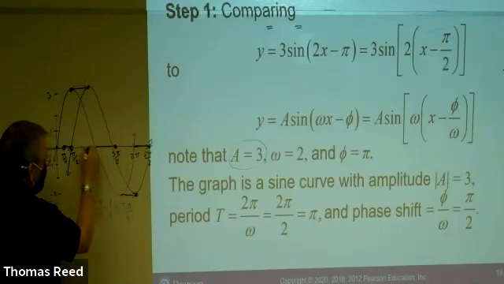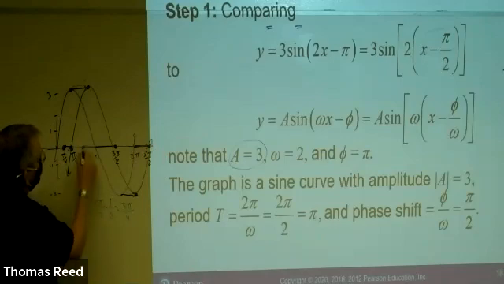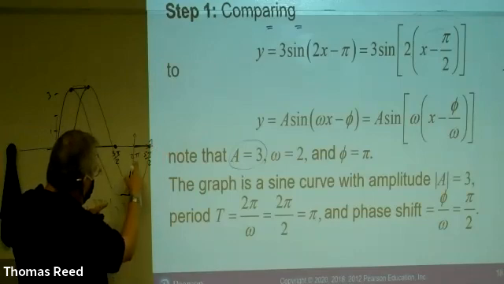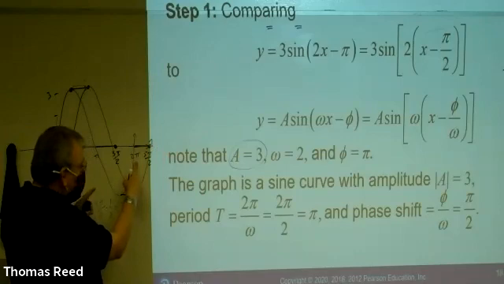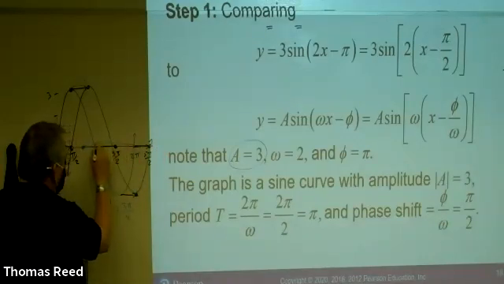So this gets shoved all the way back here. Remember, it's a compression, so we're making everything happen faster. And now this point here, which is at 2 pi, we're going to multiply 2 pi by 1/2, which gives us pi. So this point here gets moved all the way back to here.